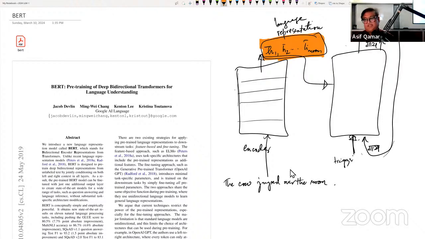What if this language representation is enough to do a whole family of downstream tasks, like classification, or telling whether the first statement is a question and the second is a plausible answer to the question?